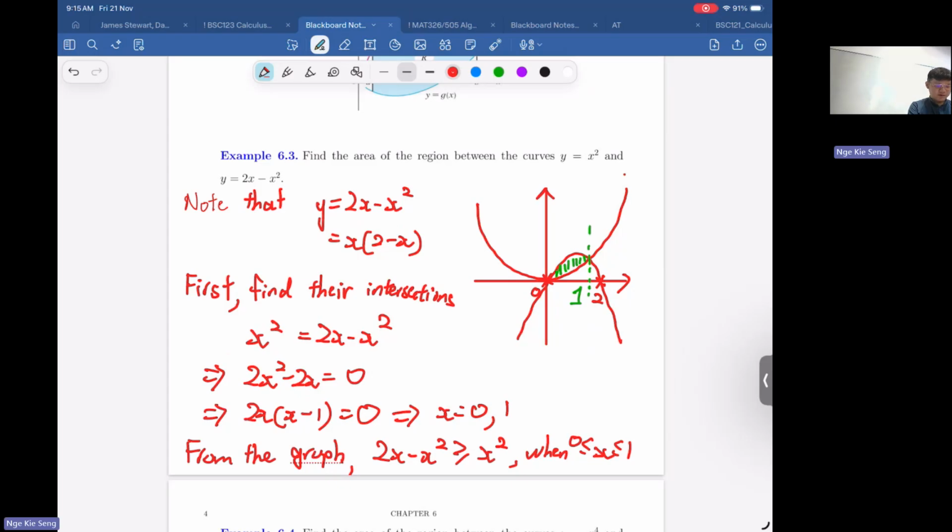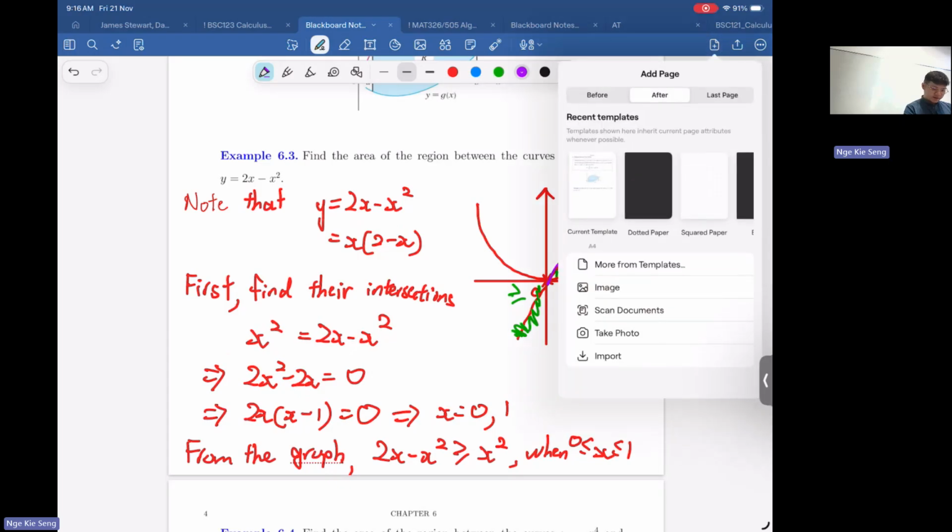Let me label it first: y equals x squared, and y equals 2x minus x squared. Away from them, 2x minus x squared is less than or equal to x squared. But from 0 to 1, it goes above x squared.